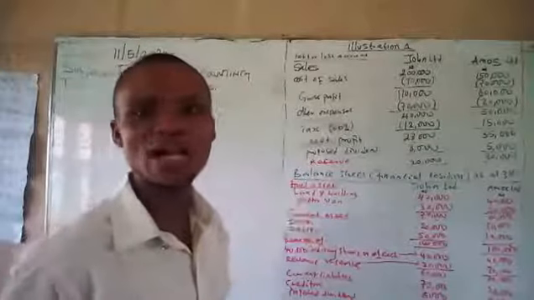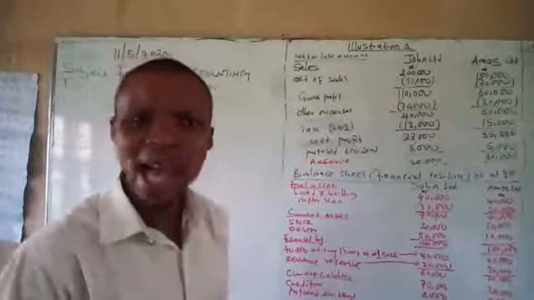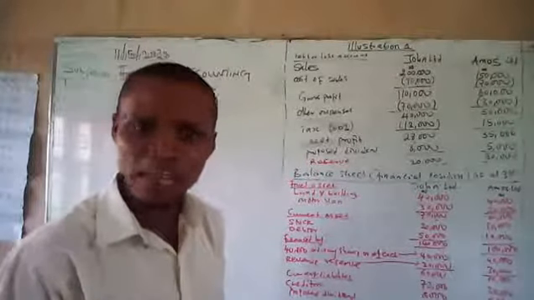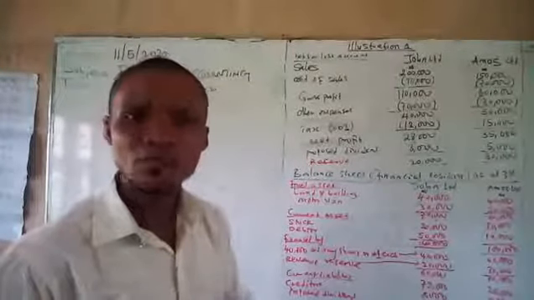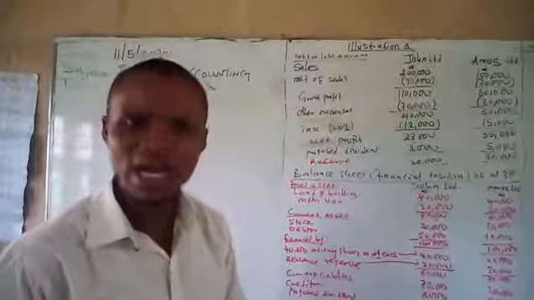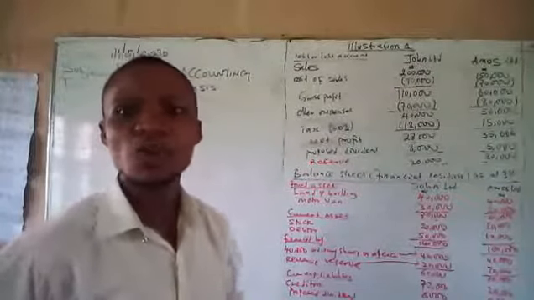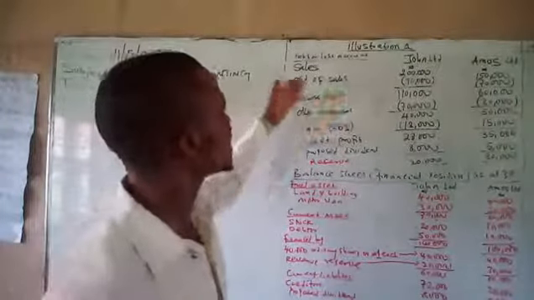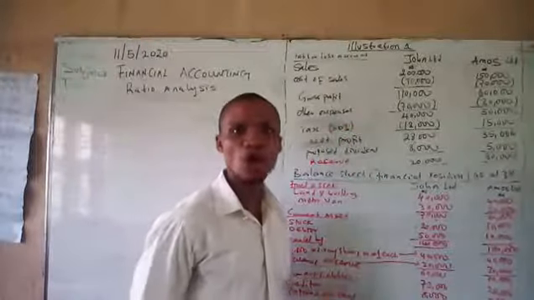We are required to calculate for each company the current ratio, the acid test ratio, gross profit margin, net profit margin, dividend per share, earnings per share, debtor collection period, creditors payment period, dividend cover, and price earnings ratio. Finally, as an accountant, you are asked to suggest which company is more liquid.